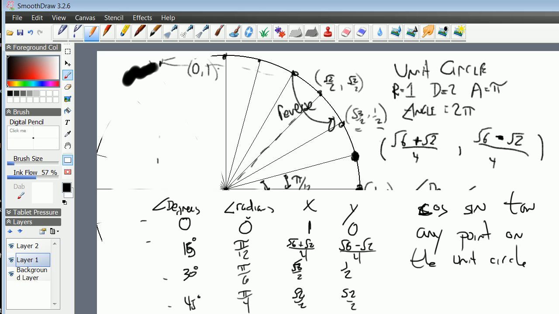I'm going to put an asterisk here: any point at 15-degree increments. And that gets you awfully close for government work.